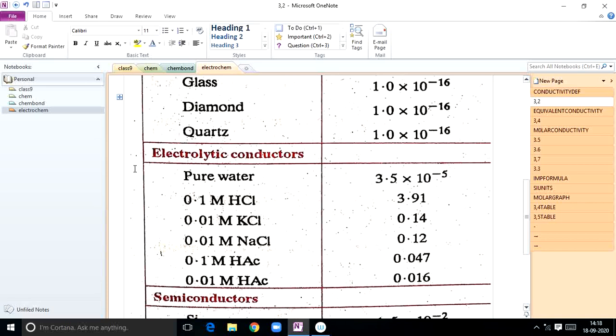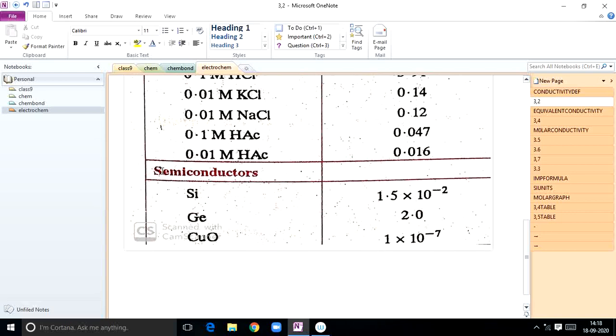For acids, HCl 3.91, KCl 0.14. Like that, different electrolytic conductors have different K values. And for certain semiconductors, silicon, germanium. This tabular form illustrates different materials and their different specific conductivity, in all categories: insulators, electrolytic conductors, semiconductors.